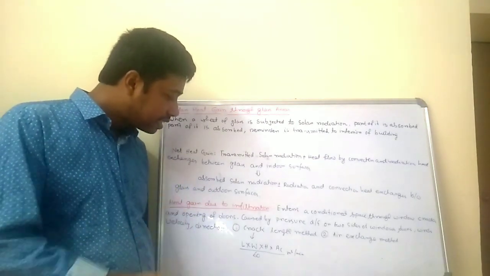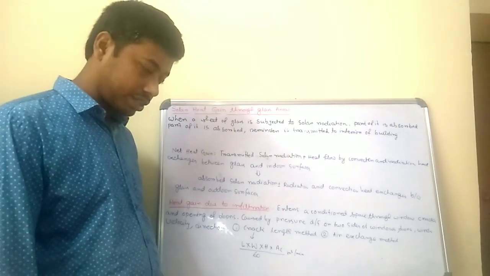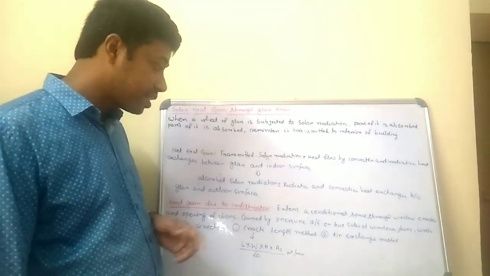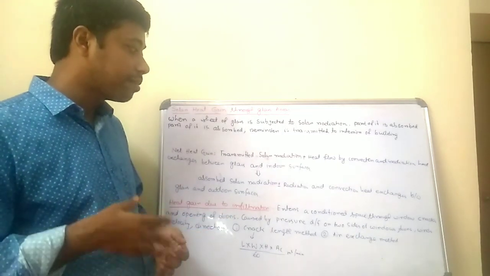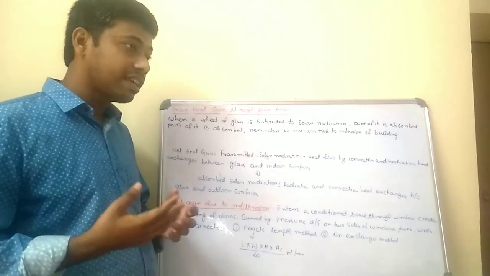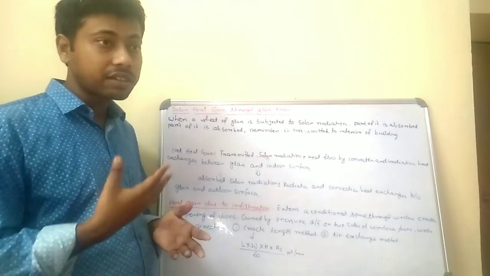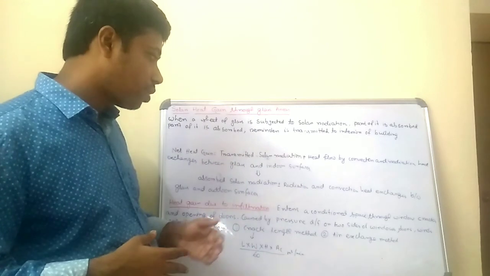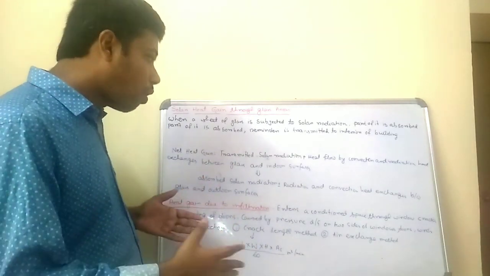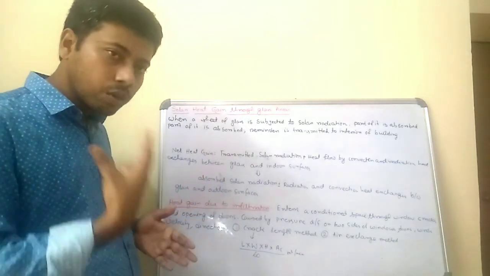And another is heat gain due to infiltration. Infiltration is when air enters into the air conditioned space through some crack or gap, or through the repetitive opening of doors.